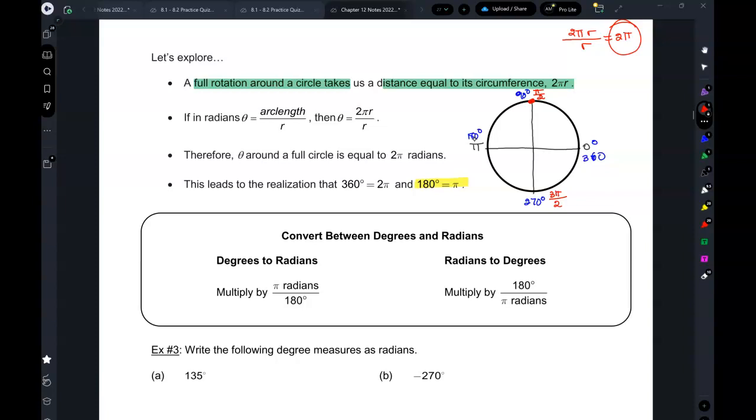Okay, so by the time we get around here, it's 2 pi. Now, there are some other things we could do. The equivalent in decimals of pi is how much? You know this. 3.14. So this angle is 180 degrees. In radians, it's either pi or 3.14.